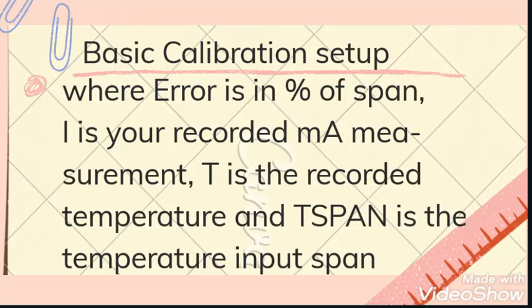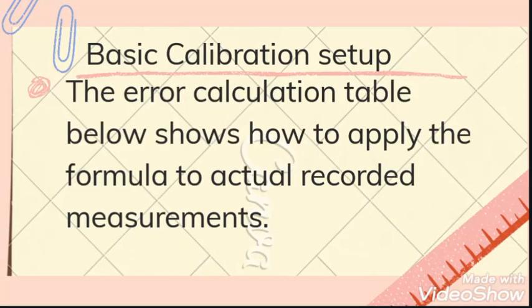By this formula we can calculate the error, where error is in percent of span, I is the recorded milliamps, T is the recorded temperature and T span is the temperature input span. So these are all the values we will put in our formula to calculate the error.